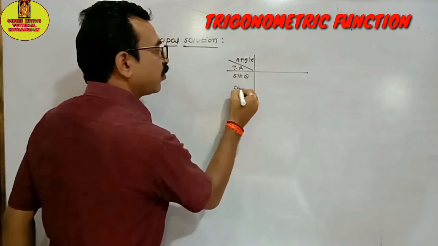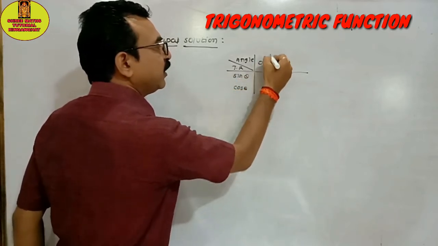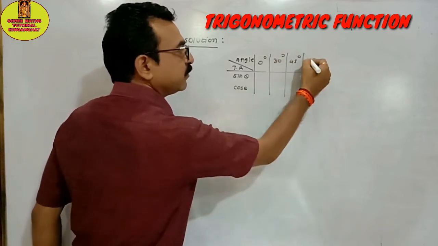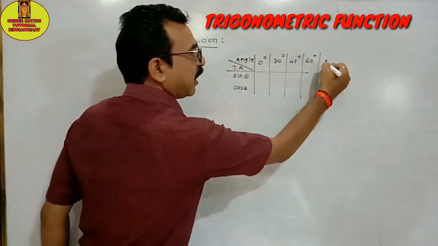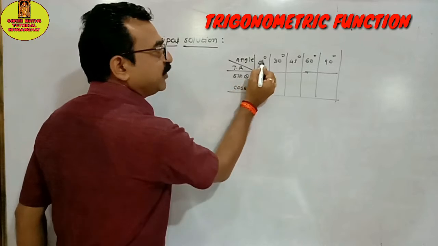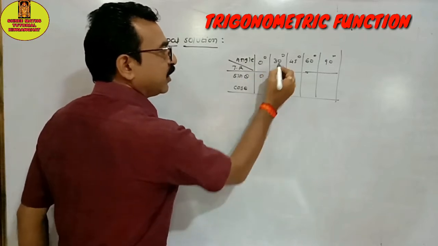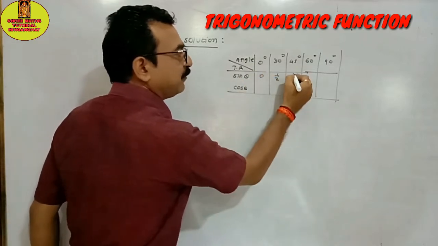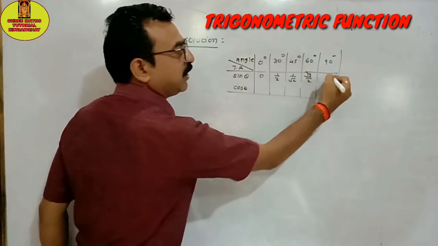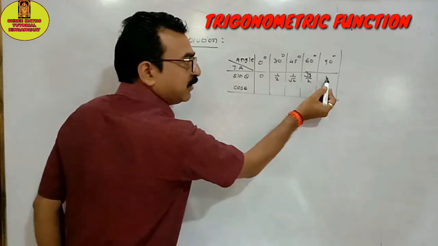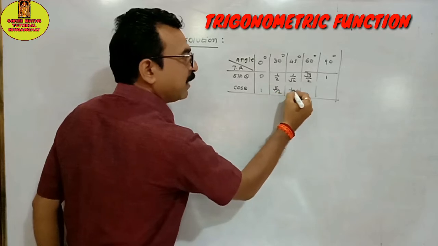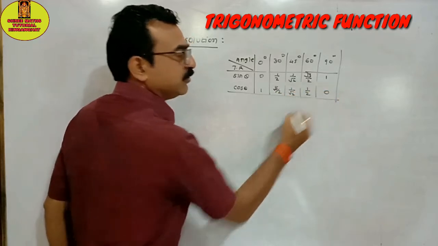Sin theta, cos theta, for 0 degree, 30 degree, 45 degree, 60 degree and 90 degree. So sin of 0 degree means 0, sin 30 means 1 by 2, sin 45 means 1 by root 2, sin 60 means root 3 by 2 and sin 90 means 1. Now write it reversely: 1, root 3 by 2, 1 by root 2, 1 by 2 and 0.